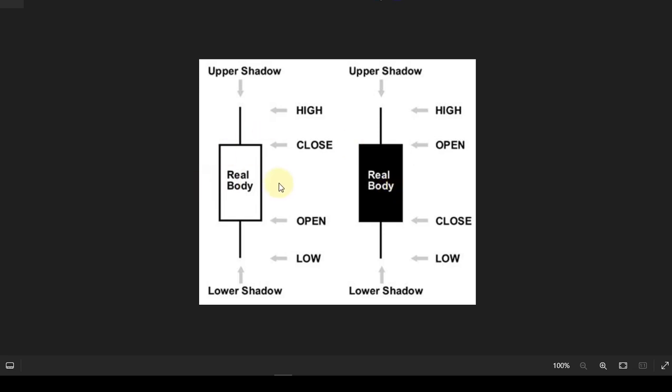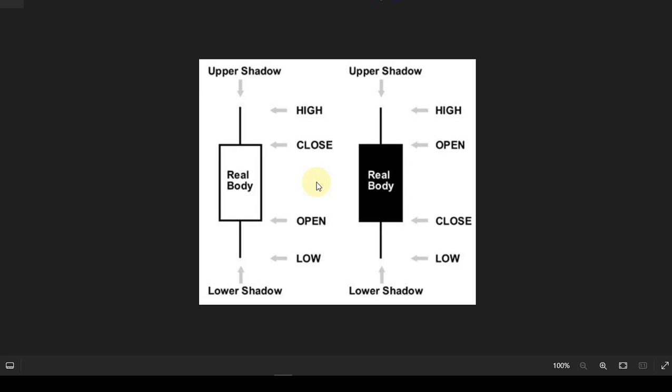Candlesticks are everything you can think of in forex trading. Without understanding price action, without reading the candlestick, you are still going to find it very difficult to be profitable.